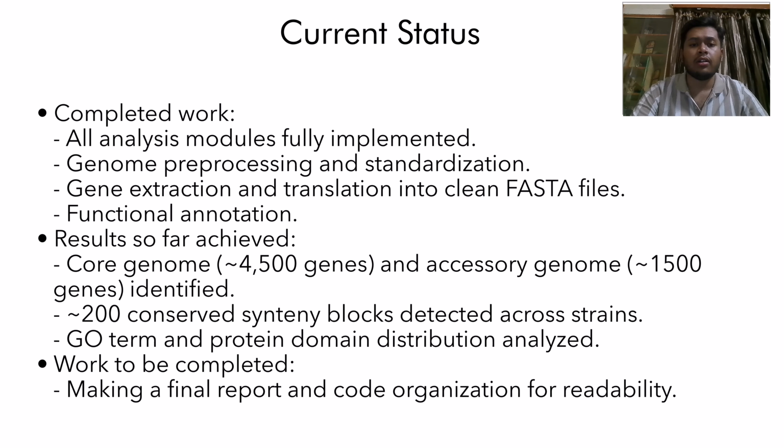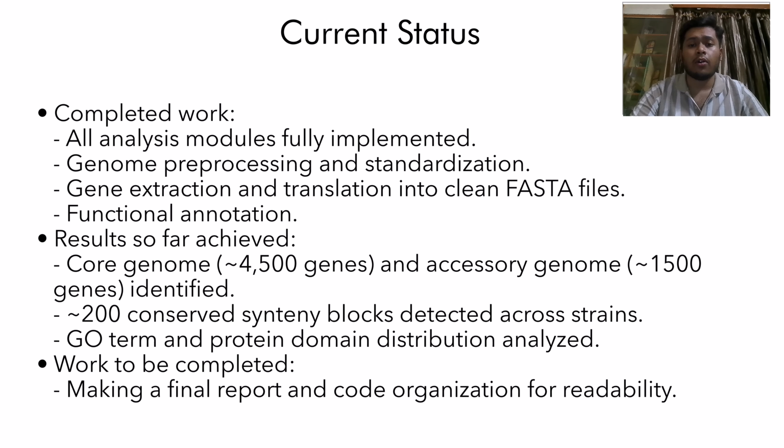This aligns with evolutionary theory, which predicts that genes involved in fundamental cellular processes should be conserved across all strains of a species. In contrast, accessory genes show enrichment for functions related to stress response, secondary metabolism, transport, and cell wall organization. These functions are likely involved in adaptation to specific environments, explaining why they are not universally conserved.